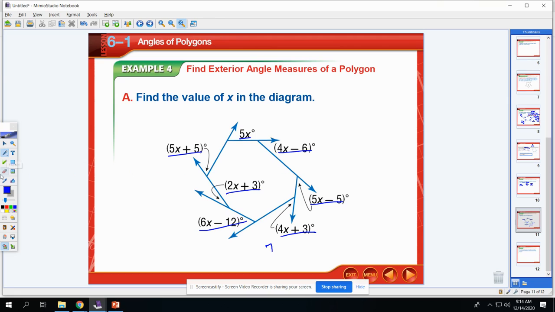So much like we did with the interior angles, this is going to look very similar. I'll go ahead and write all of this out, but if you would like to combine your x's and your non-x's before the first step, that can also be done. So I'm going to go ahead and start in order here. This is going to look a little wild because there are so many angles we have to write in.